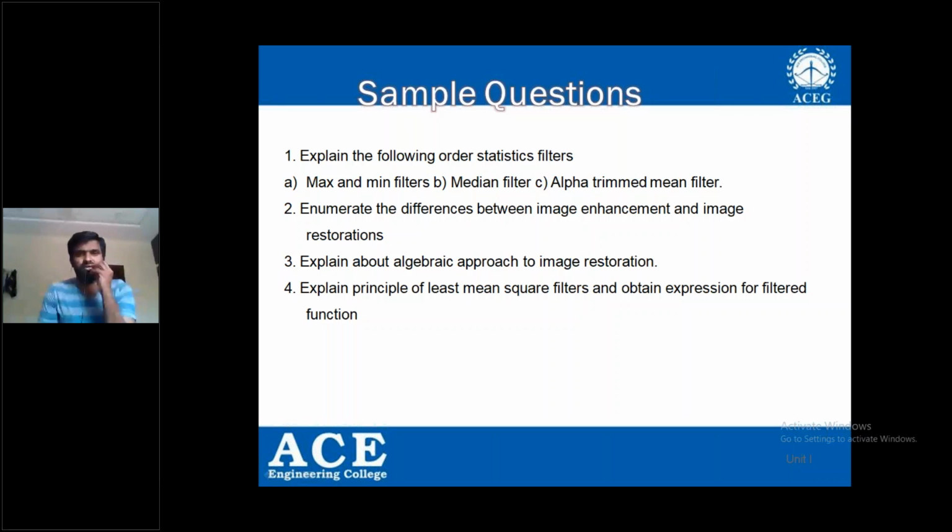One is subjective, the other one is objective. Explain the algebraic approach of image restoration. Explain the principles of the least mean square filter, LMS filter or Wiener filter, and obtain the expression for the filtered function. Already discussed, the filtered function f cap of u comma v. So like this, you can expect the questions.